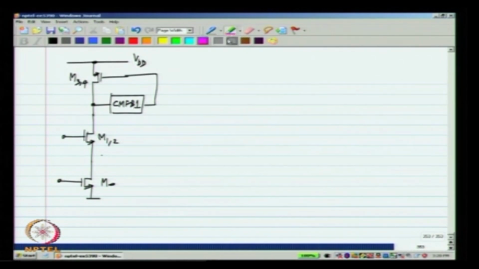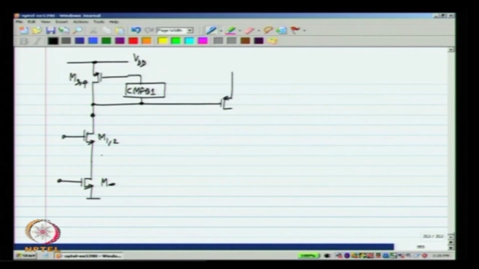Here what I mean is the common mode half circuit corresponding to that one, feeding it to M3 and M4. And the output of M3 and M4 is also connected to M11 and M13.